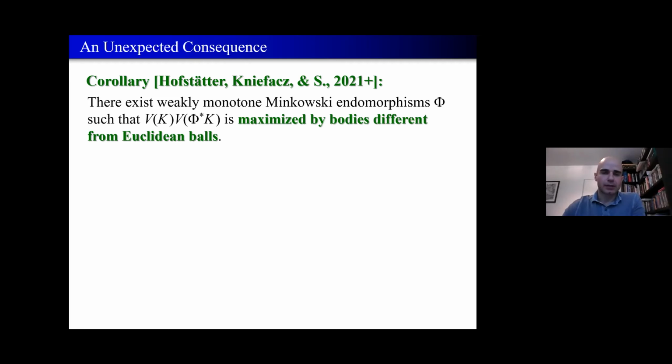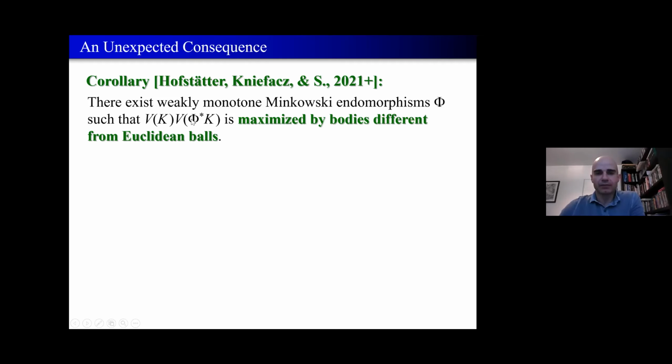So this is unexpected for me because I have been studying these isoperimetric inequalities coming from maps that have certain additivity properties and are compatible with rigid motions for a long time. And usually I expect them to have as extremals Euclidean balls.